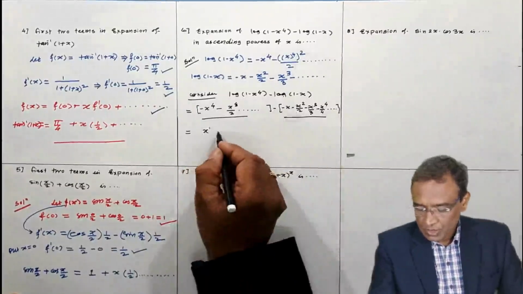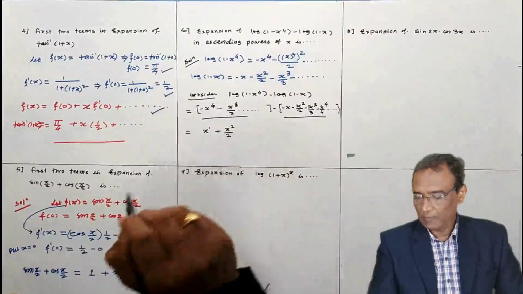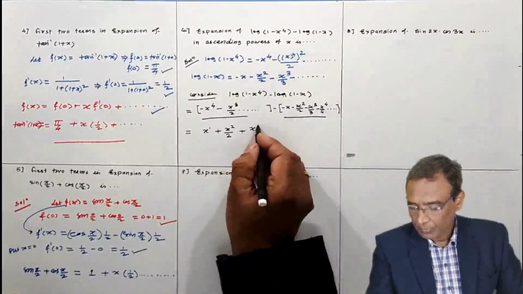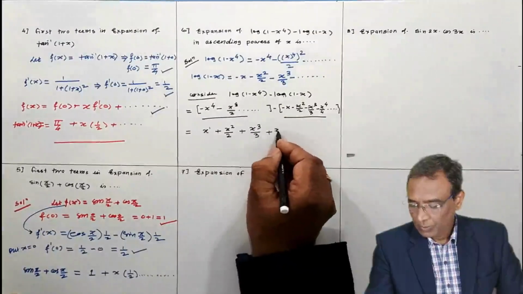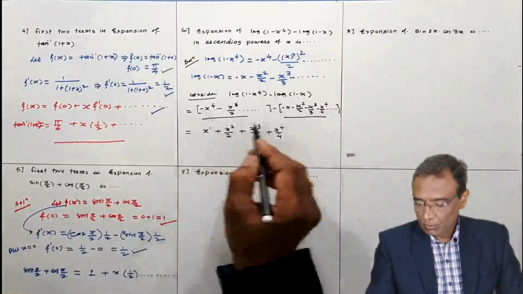Next, minus plus, this is the next to lowest power, the x square term. If x cube term is there, yes, x cube term is there. X to the power 4 term is there. Here also x to the power 4 term is there.